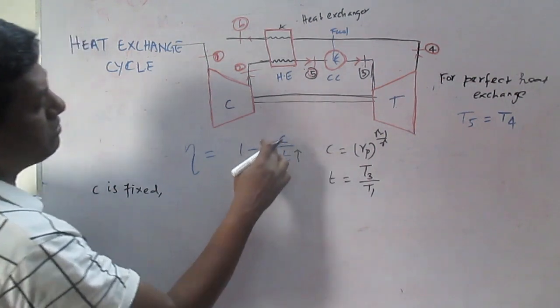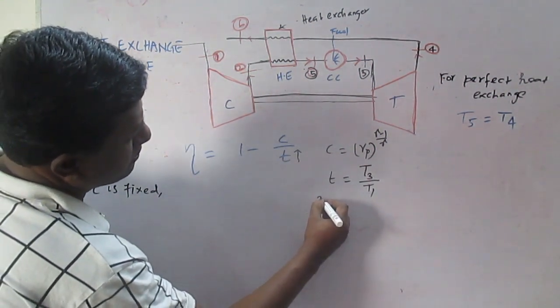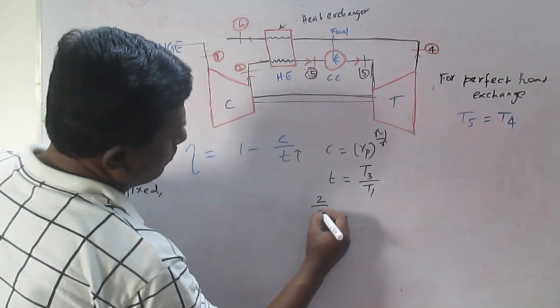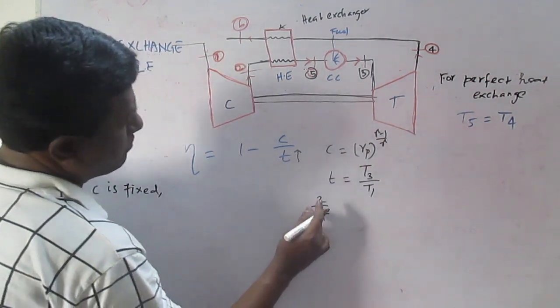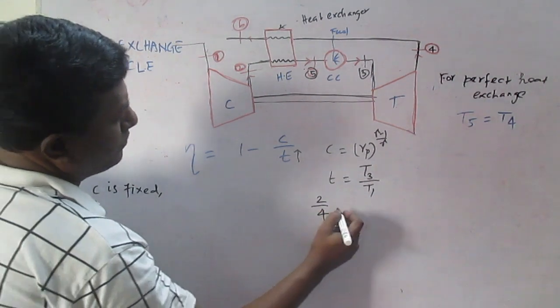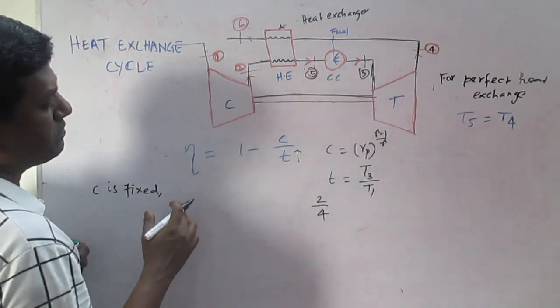For example, C is 2 and T is 4. Then C by T is 0.5, so the efficiency becomes 0.5, 50%.